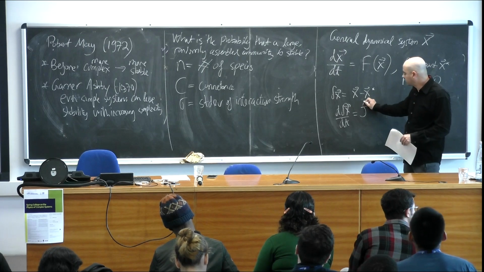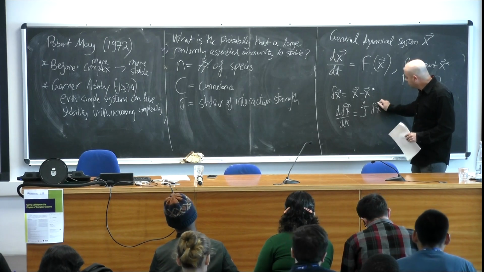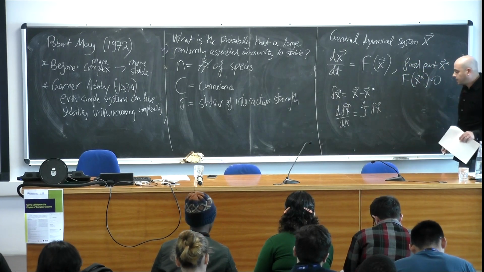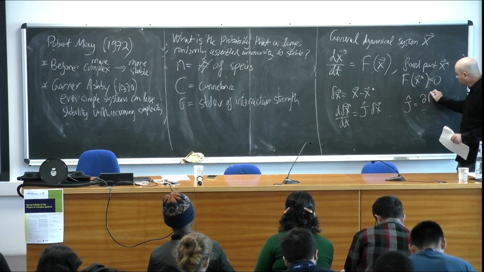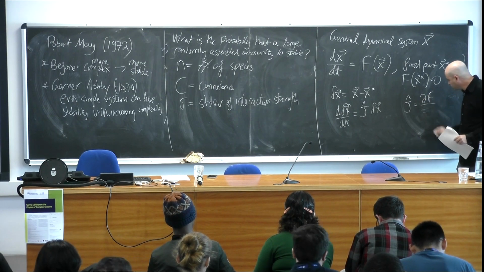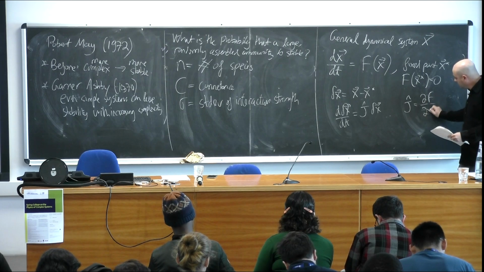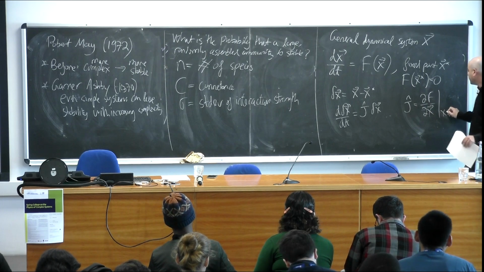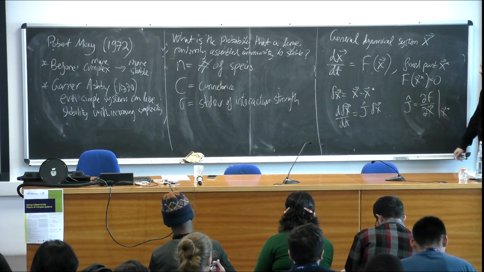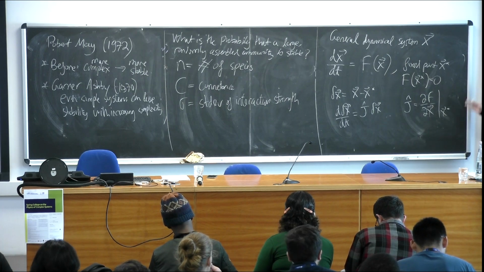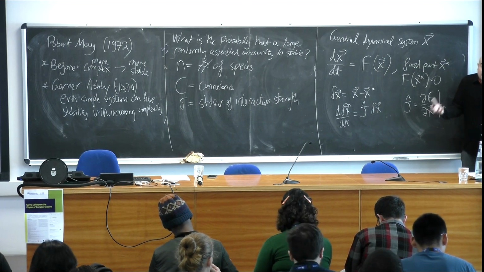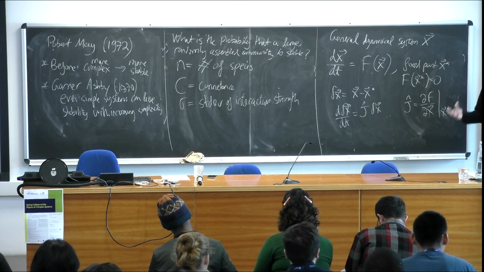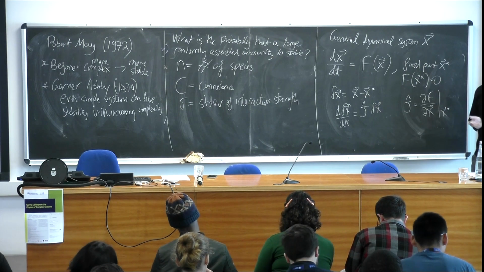So this is a matrix, of course, times delta x. And the Jacobian matrix is simply the derivative of f by x at x star. Okay, so this is a simple linearization of the complex nonlinear dynamics near the fixed point.